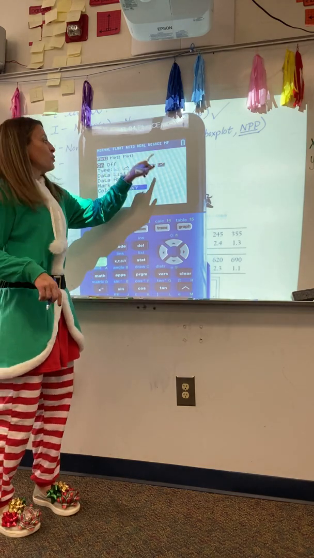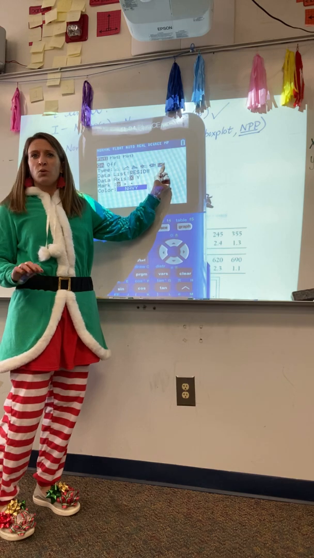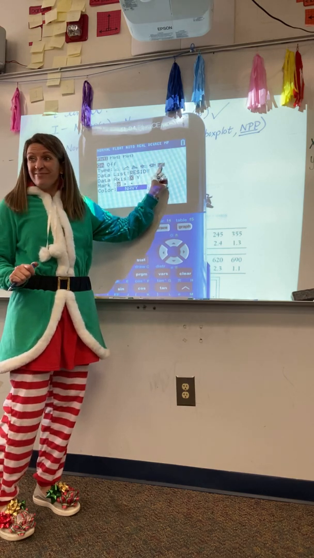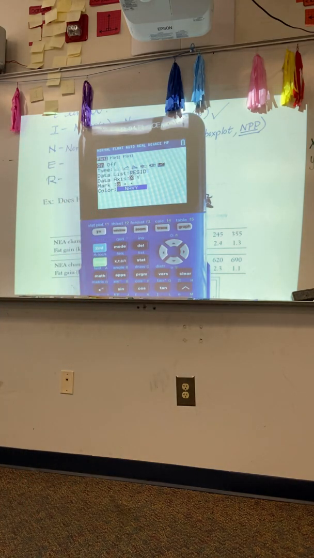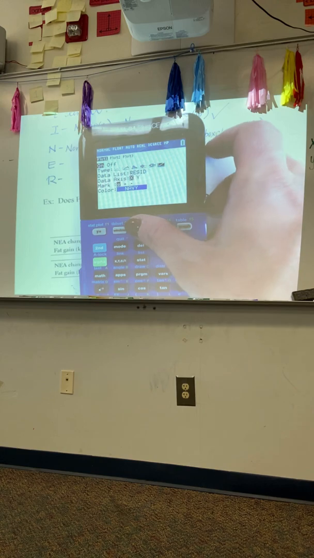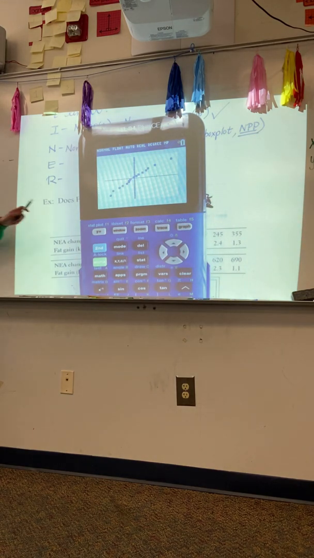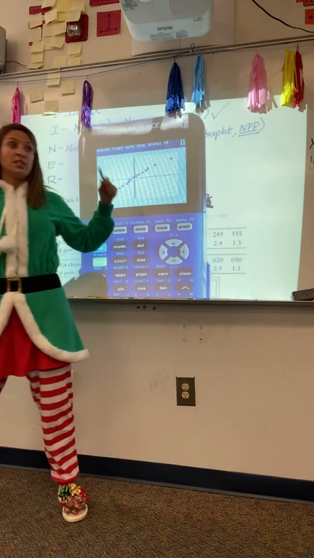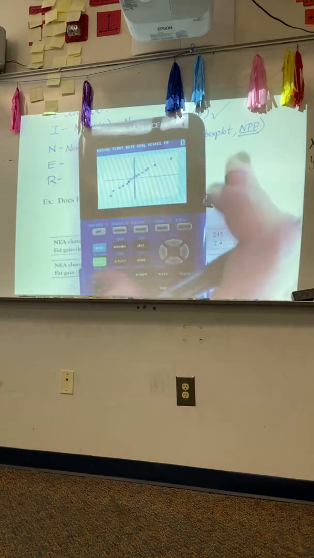So now it should say normal probability plot. It's your last one. Remember, if it's normal, your normal probability plot will be approximately what? Linear. Okay, so it'll be linear. All right, so now that I have RESID, I'm doing the normal probability plot of the residuals. And you can ZoomStat, 9. Does my normal probability plot appear to be approximately linear? If it does, then that means my residuals have approximately a normal distribution.